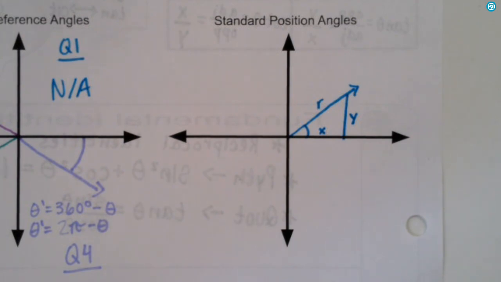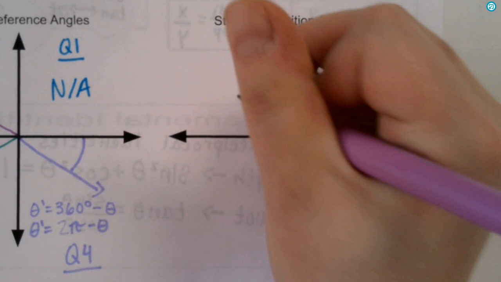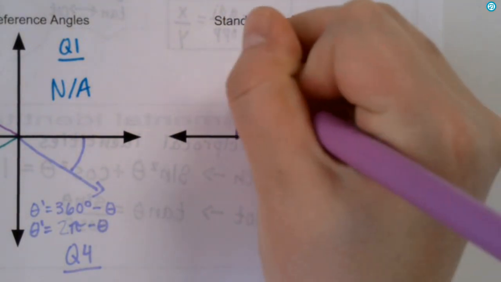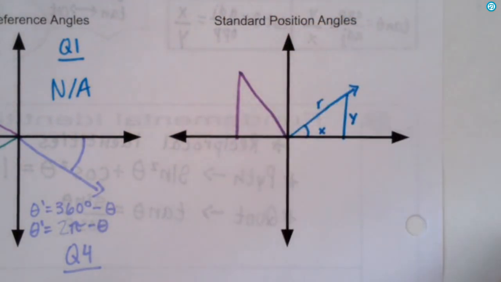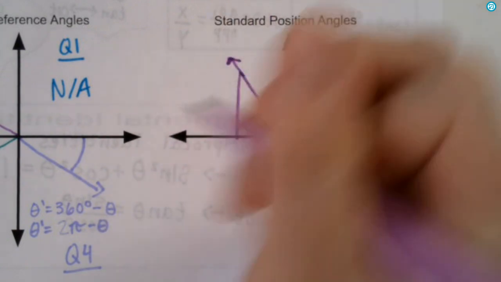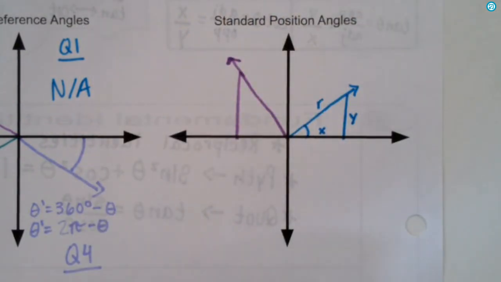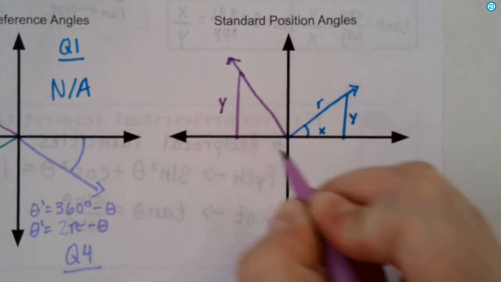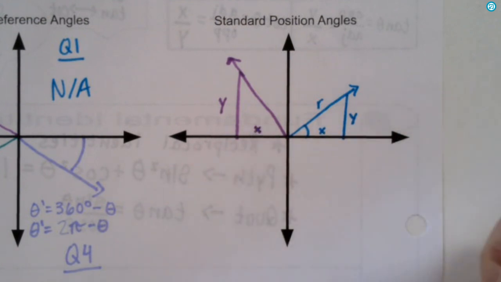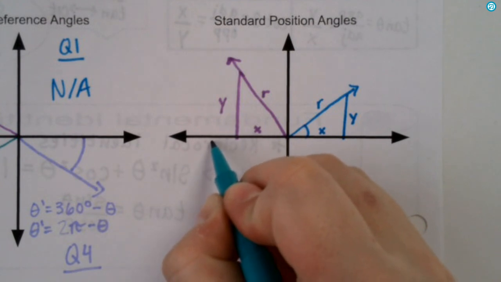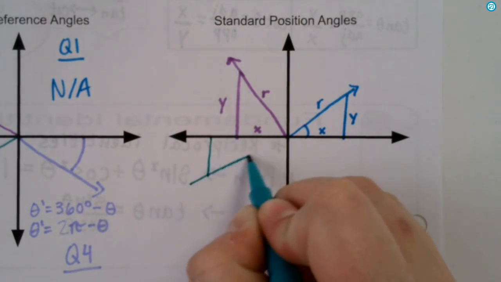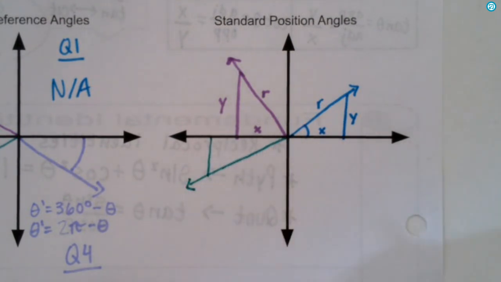For any angle in quadrant 2, my Y value would be here. My X value would be here. This would still be my R. I'm trying different funny shaped triangles for each of these.